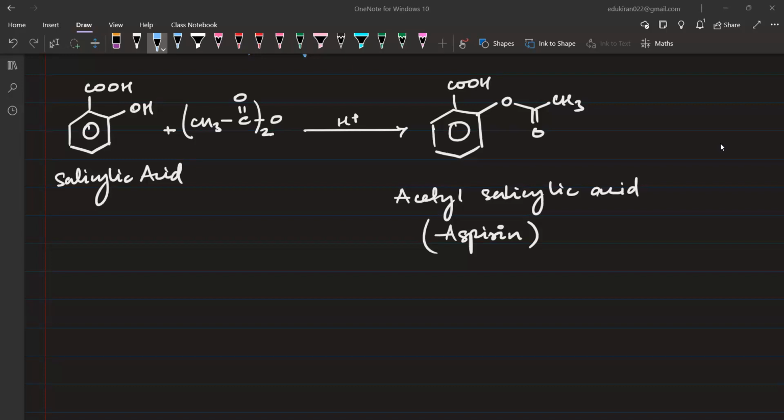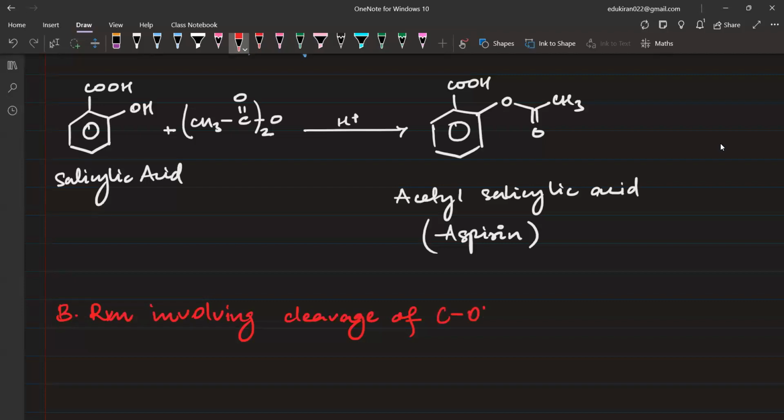You write the B part. Reaction involving cleavage of the CO bond, or rather COH bond.